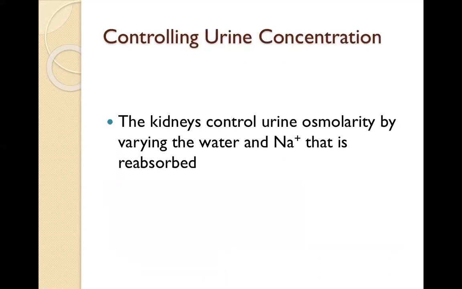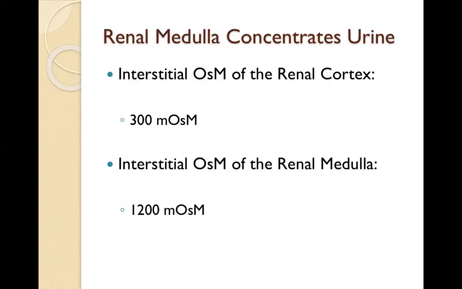We control urine concentration by varying the amount of water and sodium that's reabsorbed from our kidneys. And there's really 2 processes that affect the reabsorption of water or the reabsorption of sodium. We'll talk about each of those processes by which you can regulate those 2 things.